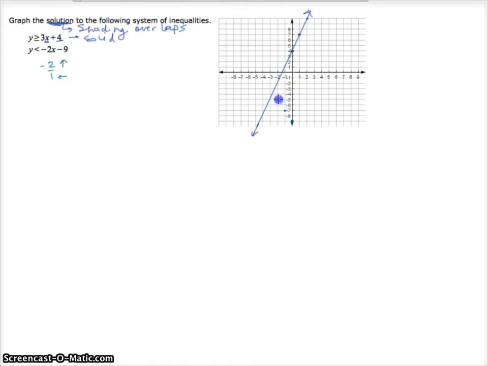Up 2, left 1, up 2, left 1. Alright, now I should be able to plot my point. And since this is just a less than symbol, there's no equal to, it's going to be dashed.